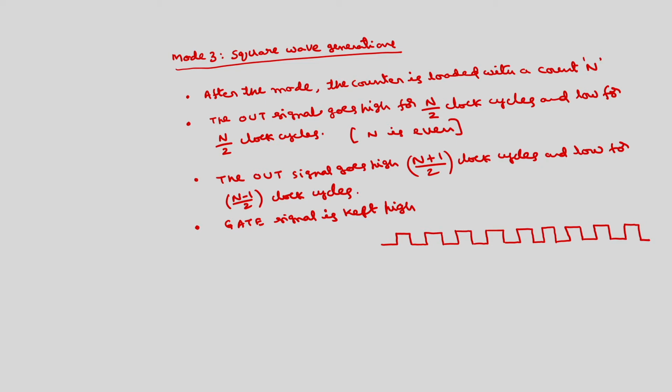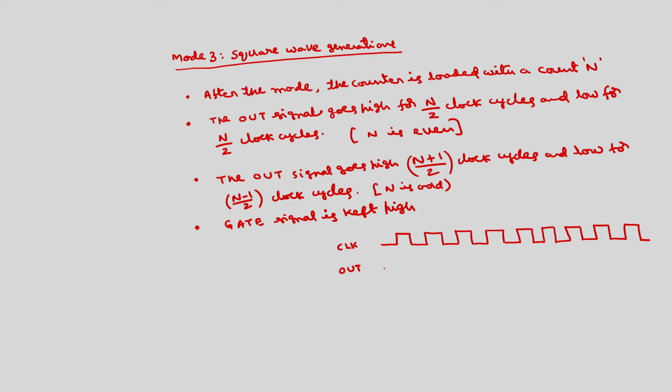Gate signal I am not showing, which will be high. This is the clock signal. Then the out signal will be high for n by 2 clock cycles and low for n by 2 clock cycles in case n is even, whereas in case n is odd, high for n plus 1 by 2 cycles and low for n minus 1 by 2 cycles.